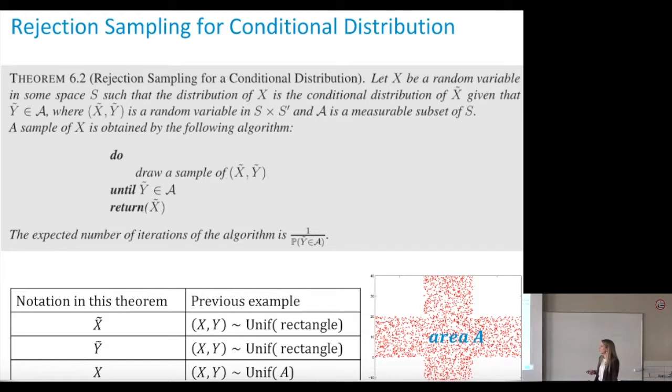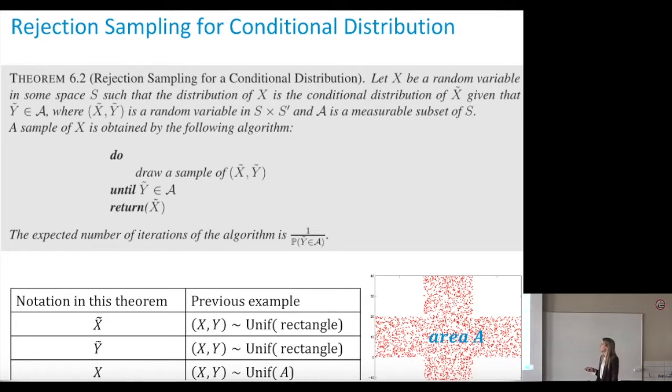So x tilde corresponds to x comma y that are uniformly distributed in the rectangle, and y tilde the same, because we check if x comma y belong in the area A. So y tilde corresponds also to x comma y uniformly distributed in the rectangle. And then what we obtain at the end is a sample of x, and we obtain x comma y that follows the uniform distribution in the area A. Okay, so that is the mapping with the previous example.